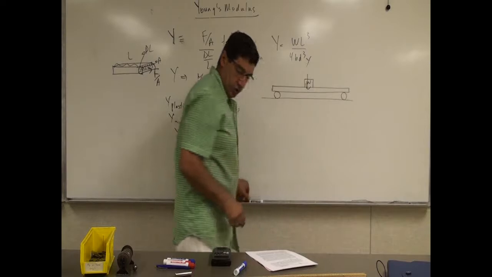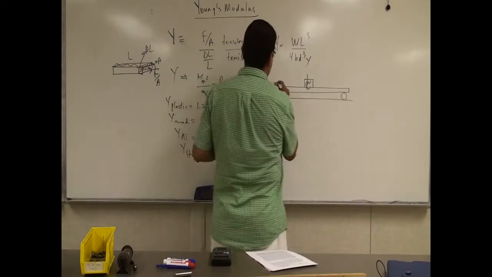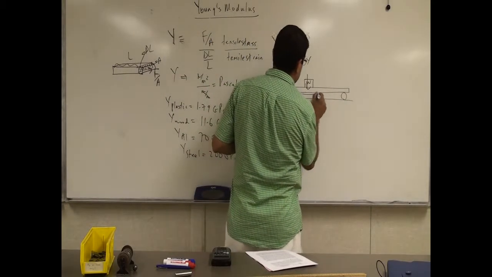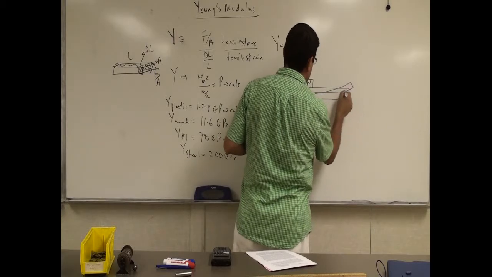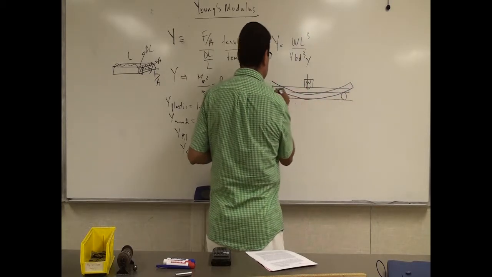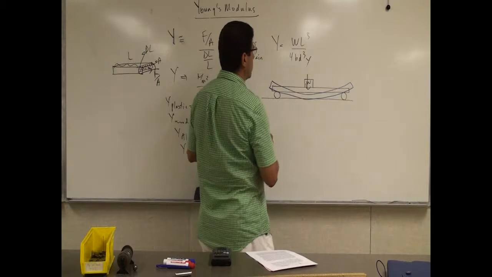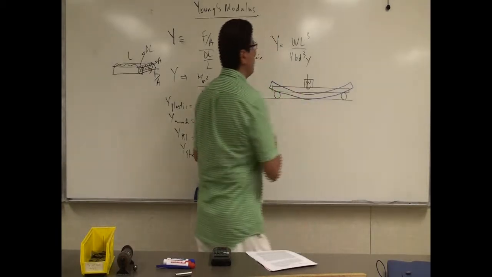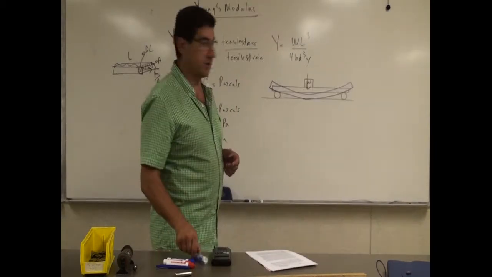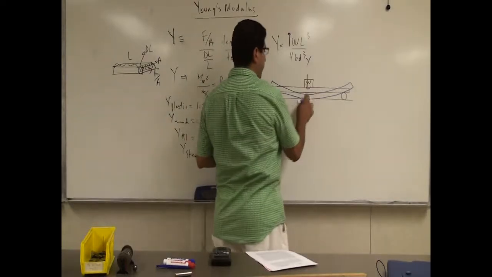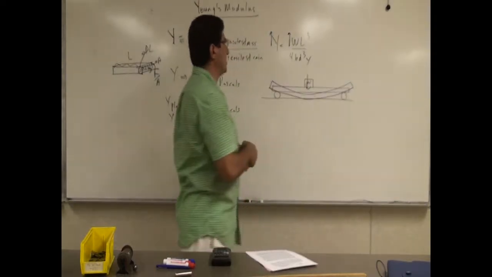After it bends, it's going to look like this, hitting the table like that. So the more weight it took for it to bend, the bigger its Young's modulus is.